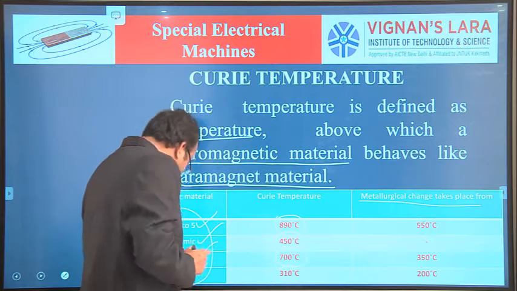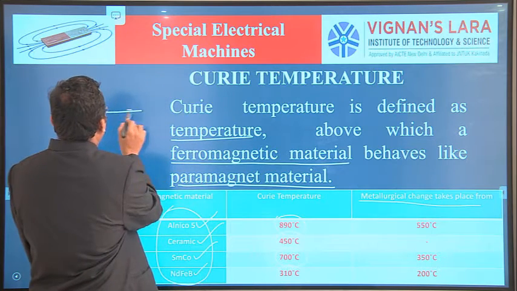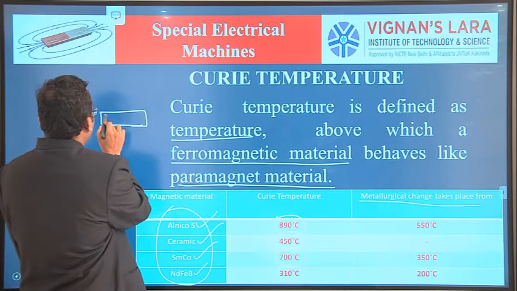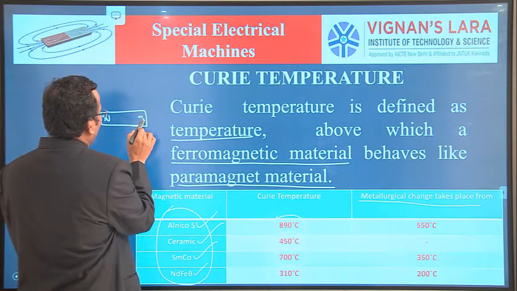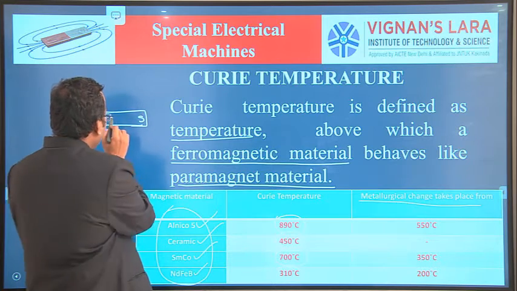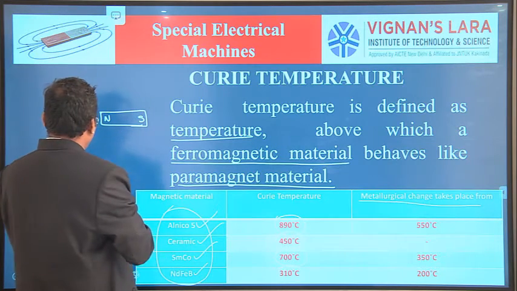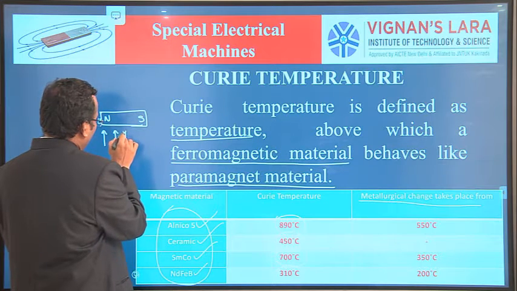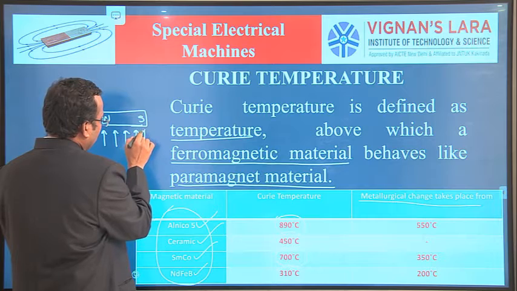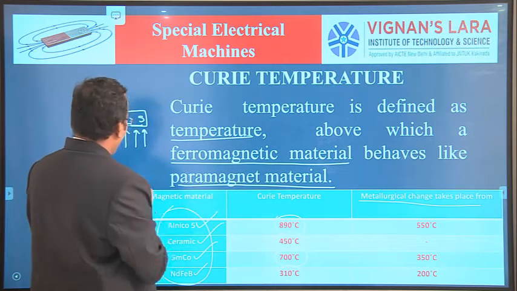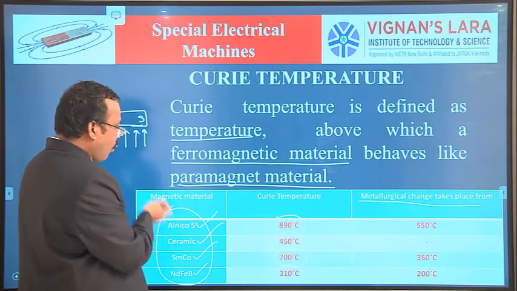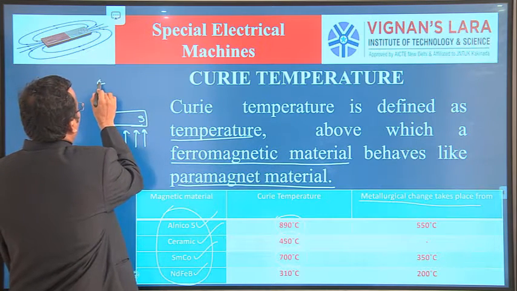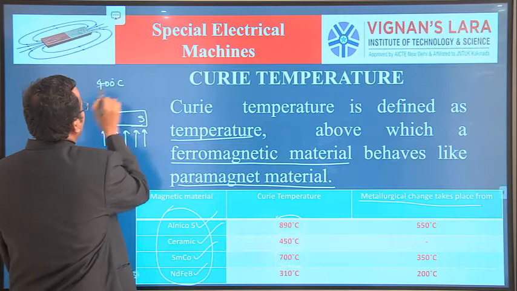For example, this is a permanent magnet. This is the north pole of the magnet and this is the south pole of the magnet. This magnet has dipoles, and this is the direction of the dipoles of the magnet. Now the operating temperature of the all-nickel magnet is, for example, 400 degrees Celsius.